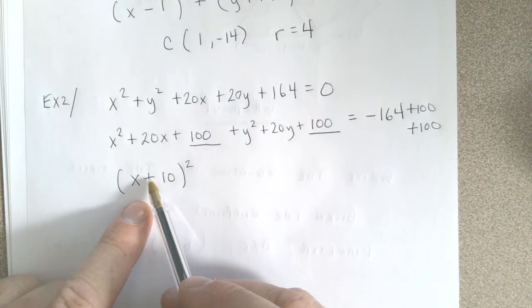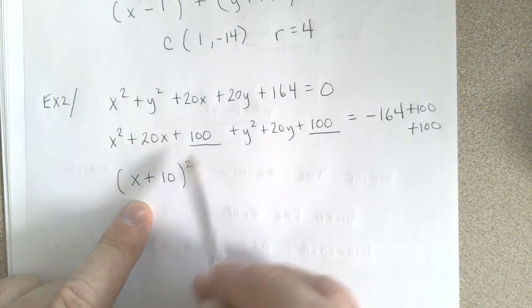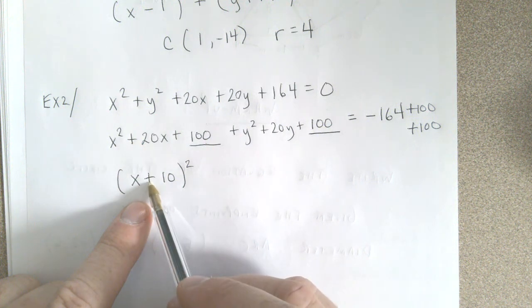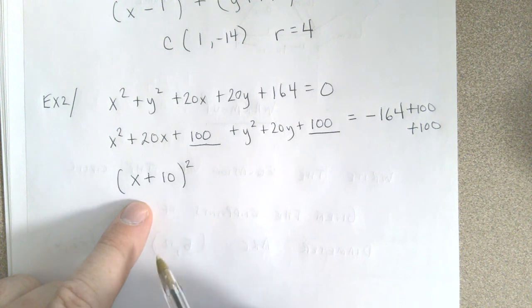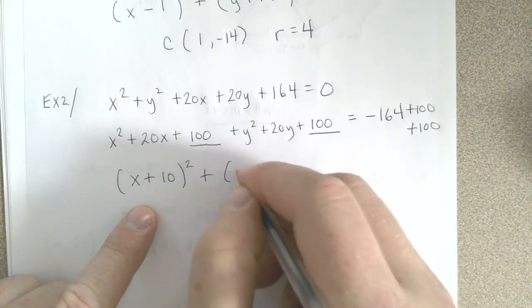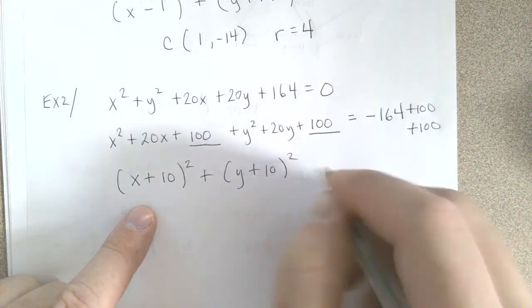For this sign here to be positive, this sign here has to be positive. If when I take the square root, this sign is negative, then this will also be negative. Then we're going to do y plus 10 squared.